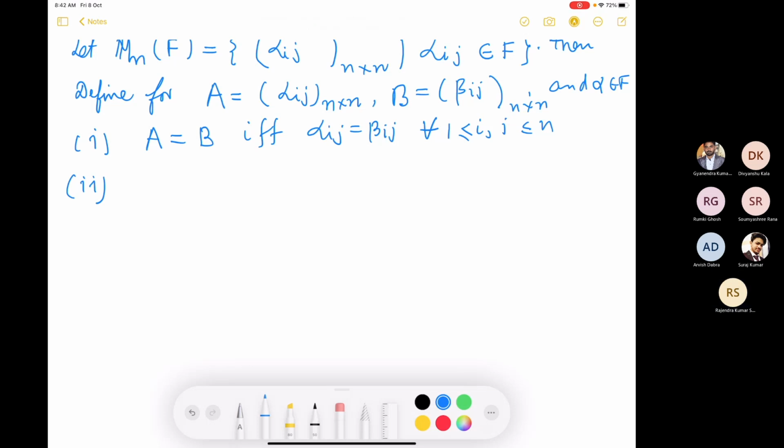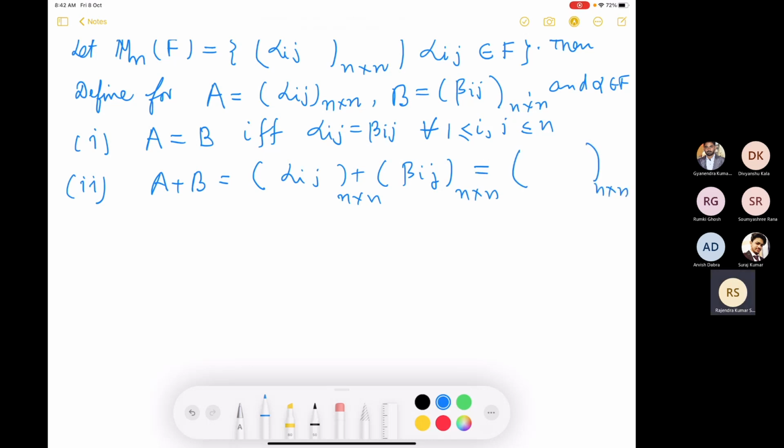Number two, the sum of this A plus B, that is the sum of these two matrices, is defined by the matrix whose ijth entry is gamma ij.